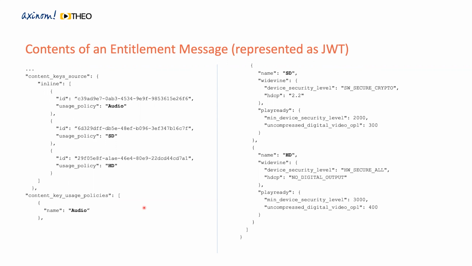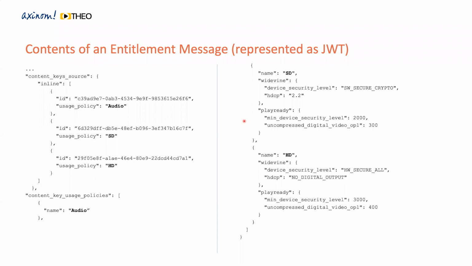Then the next one is the SD policy. This has some restrictions. For the Widevine case, it requires a device security level of software secure crypto, which translates to a software-backed content decryption module being good enough to play back this content, and it requires the HDCP 2.2 protocol. Essentially the same requirement is translated into PlayReady language: minimum device security level 2000 and uncompressed digital video output protection level 300.